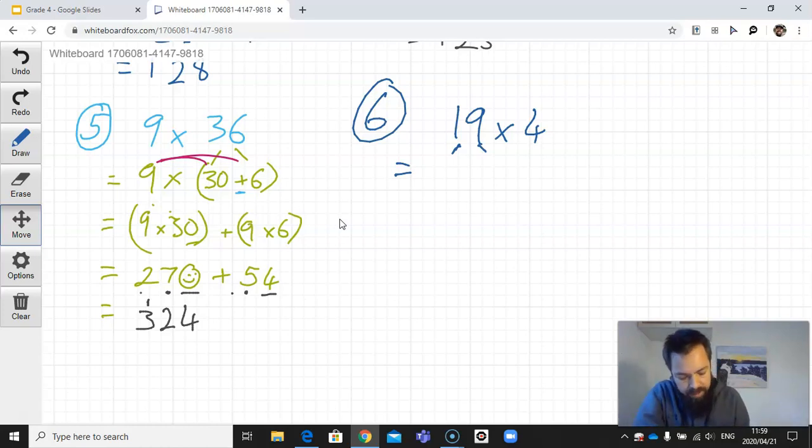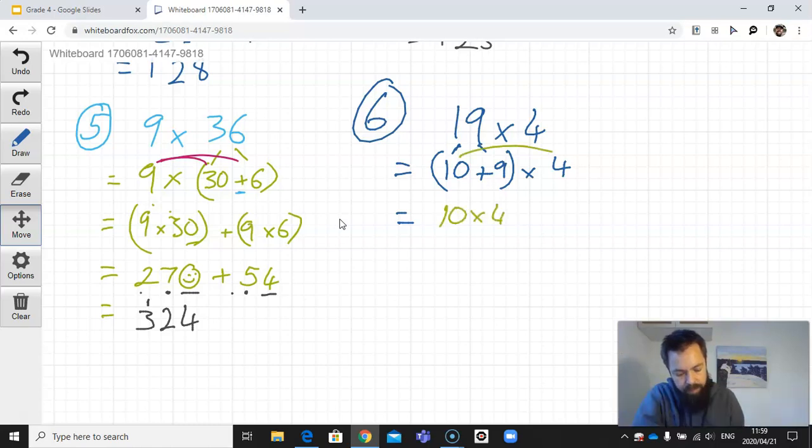Okay, let's break down our 19 into a 10 plus a 9. Then I'm going to times each of those parts out. So 10 times 4 and 9 times 4. I was looking at plus, so there's a plus in between.